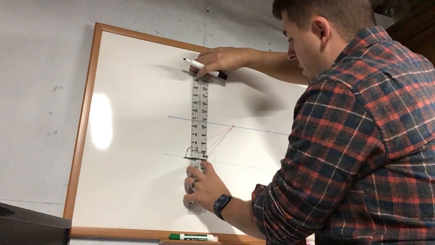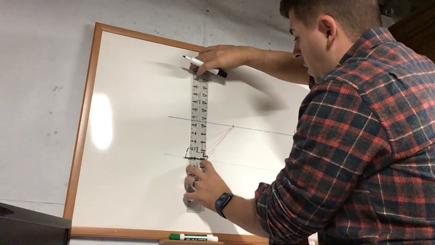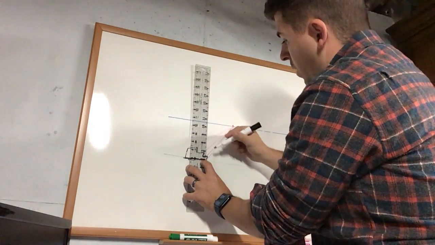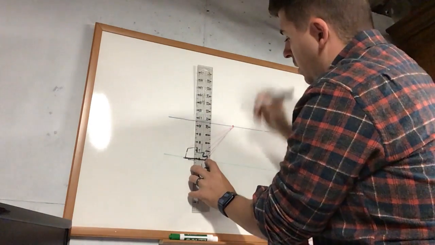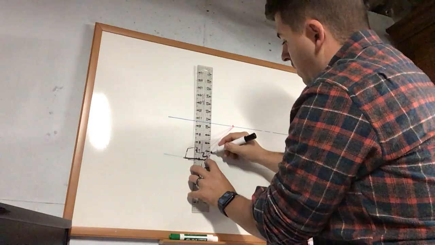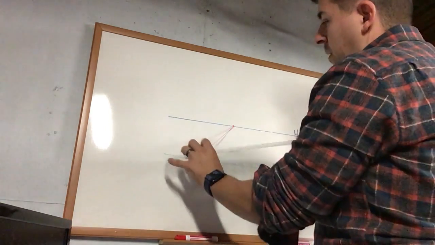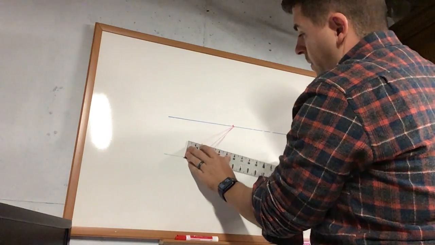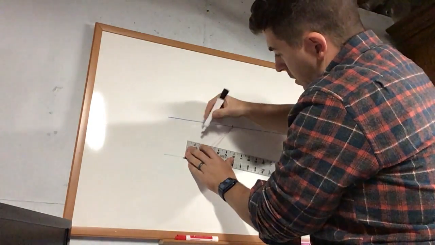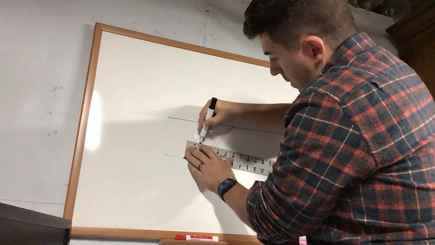Got another one here. Keep it parallel. Bring it about there, and then this bottom one is about there. And then we do our top lines. It's going to go to about there.